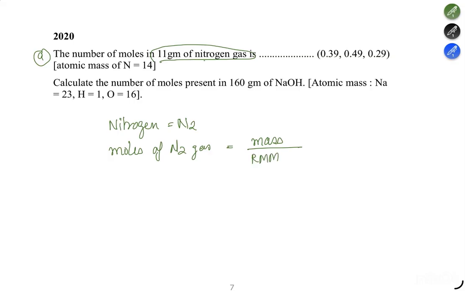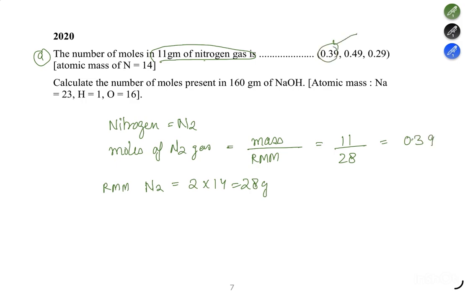So we need to calculate the molar mass. It is N2, so the RMM of N2 will be 2 times 14, which is 28 grams, and we apply the formula 11 divided by 28, and you will get the answer 0.39. So my option is this.